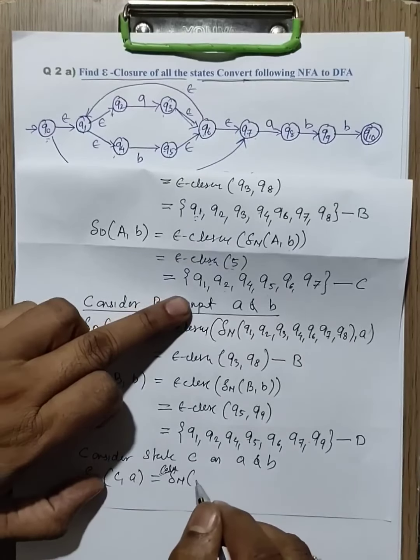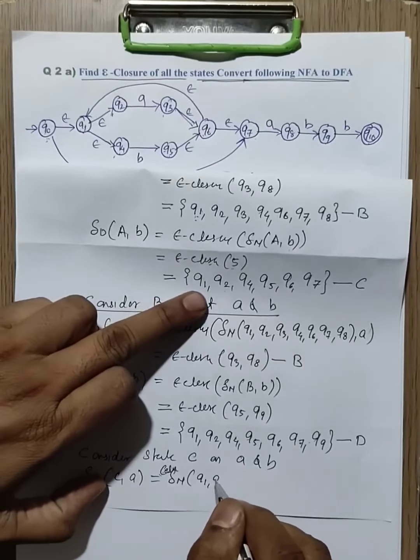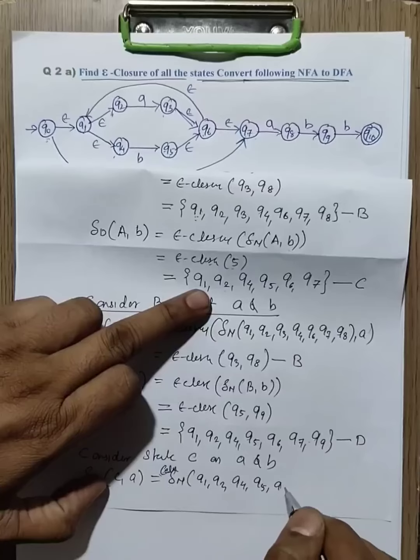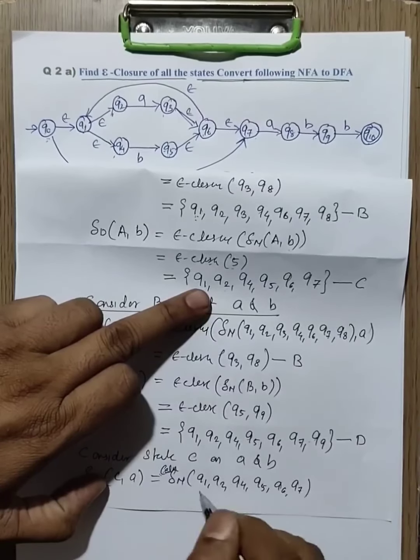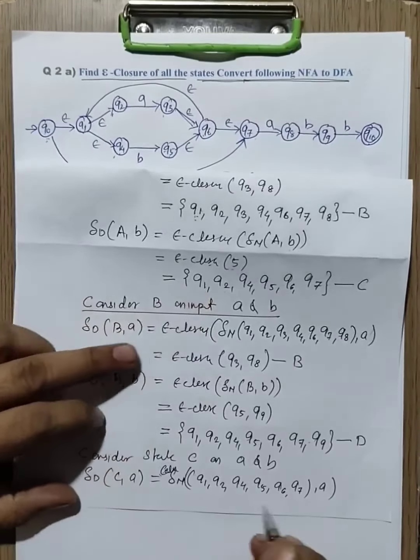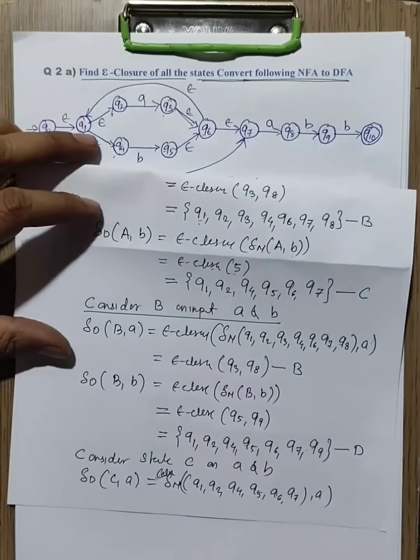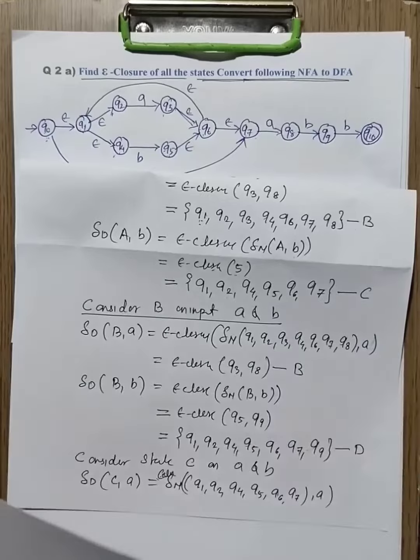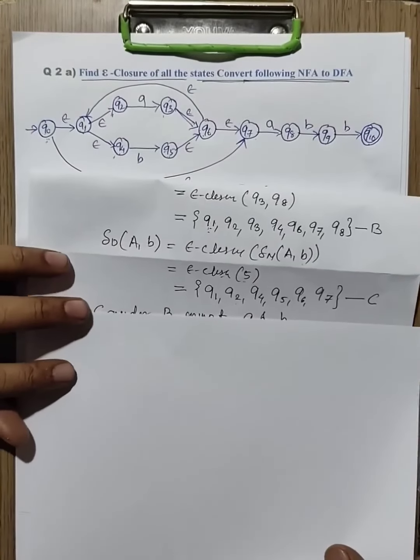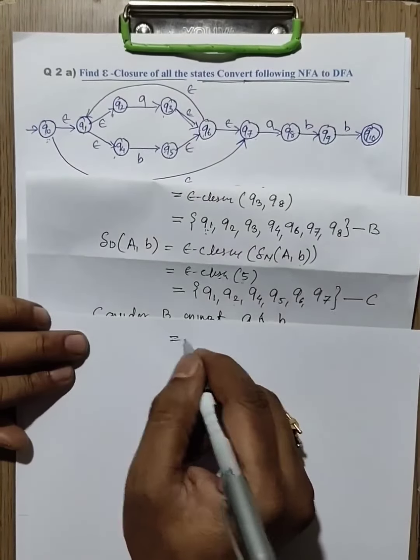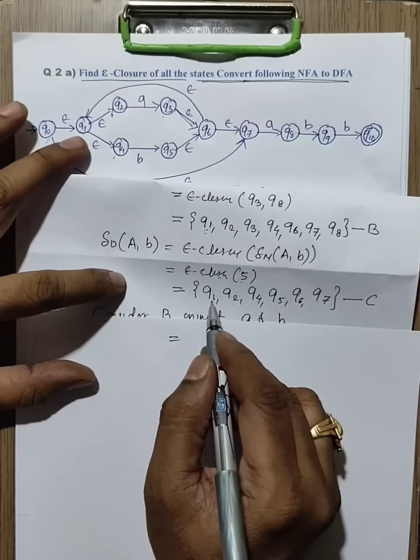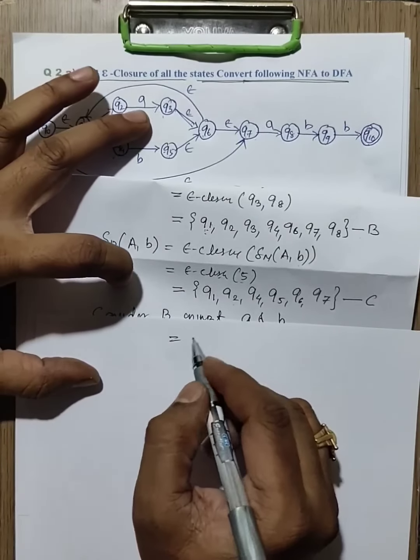Epsilon closure delta of n Q1, Q2, Q4, Q5, Q6, Q7 on A. Q1 on A, no. Q2 on A is Q3.